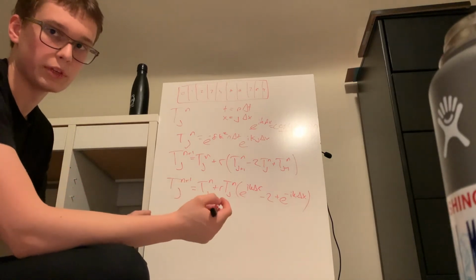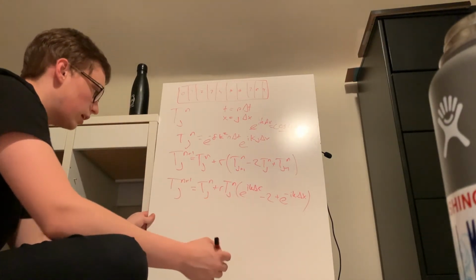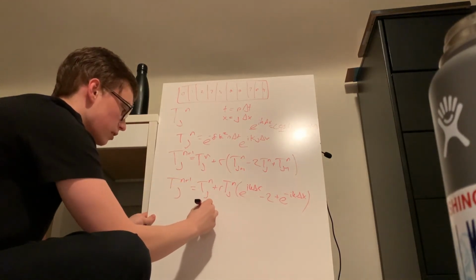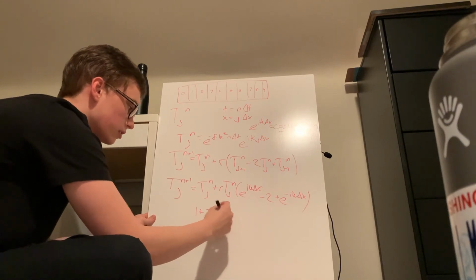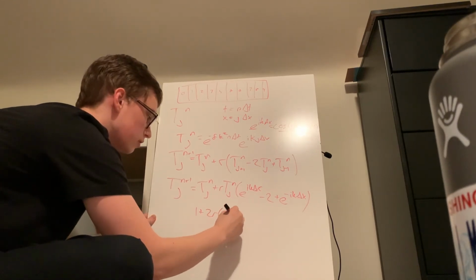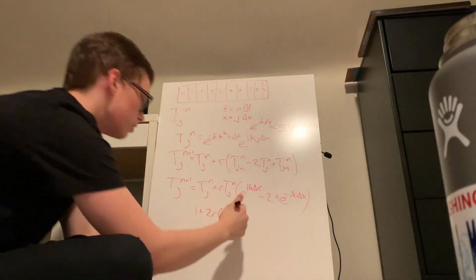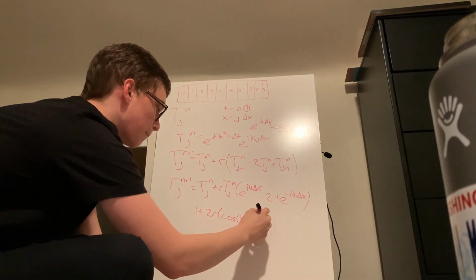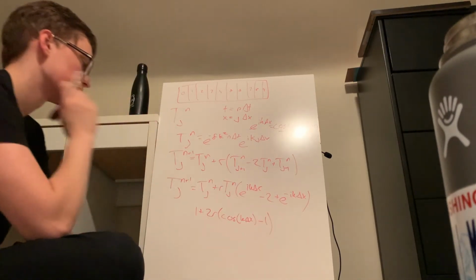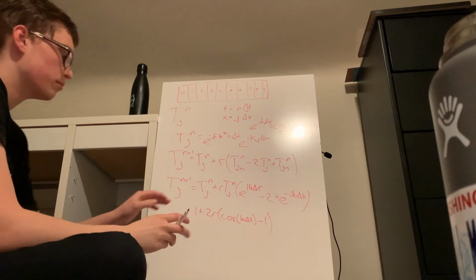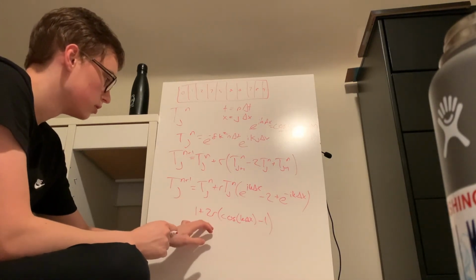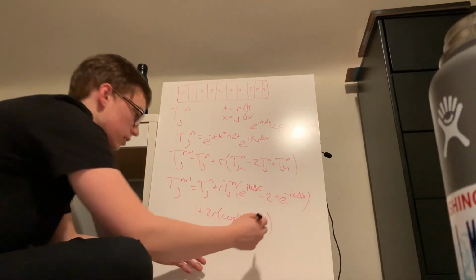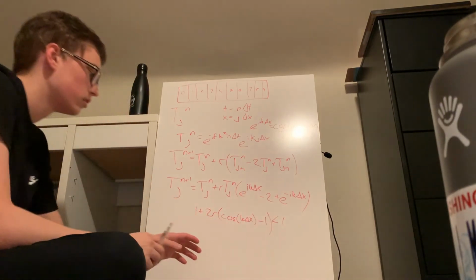So if we look at that term that we just derived with the cosines in it, and separate out the 2, we'll get 1 plus 2r, and then everything on the inside, the cosine k delta x minus 1, and essentially our r value has to be less than 1.